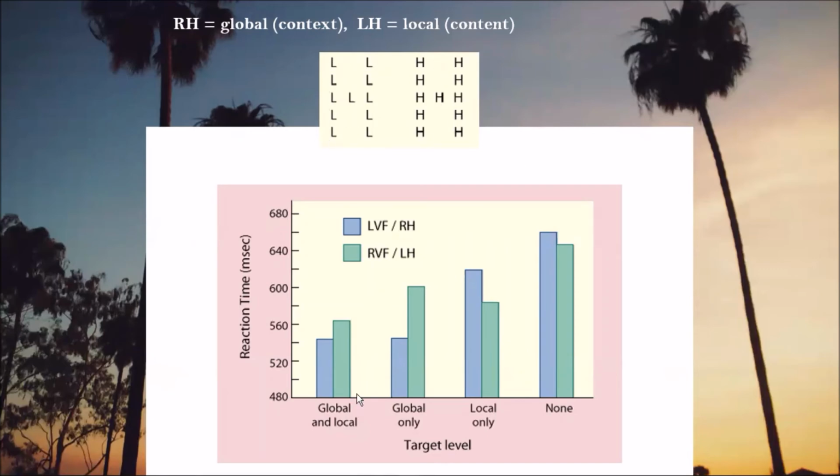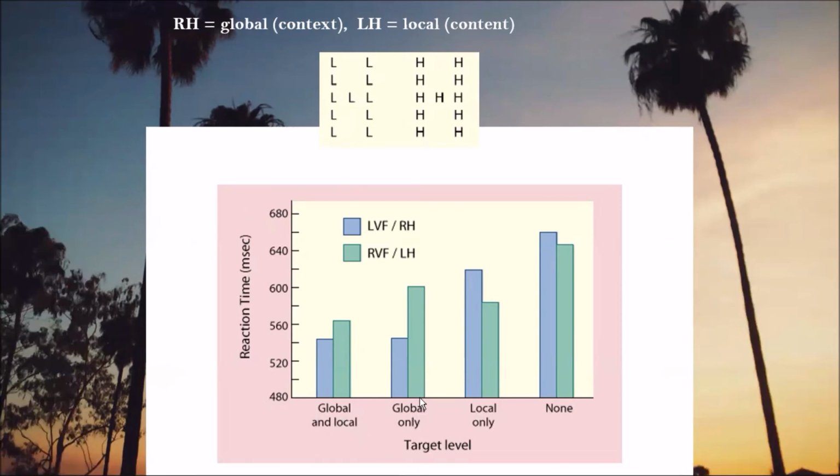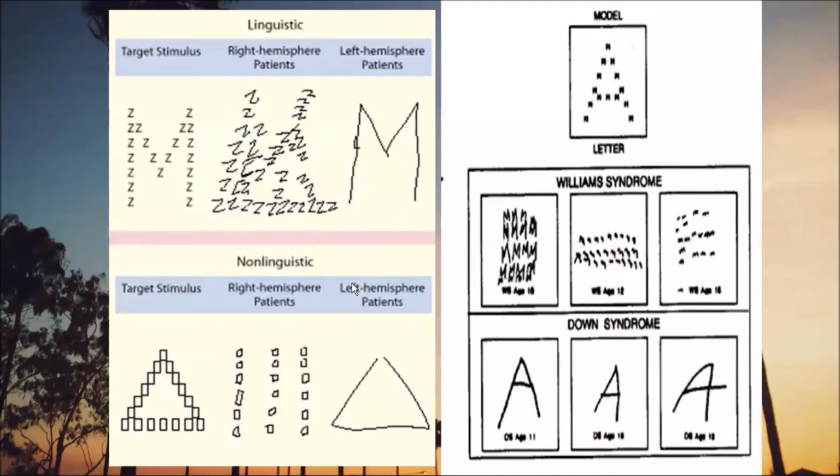You can have things where it's inconsistent here, and that's consistent. And you do see the right hemisphere is showing, and this is reaction time, so higher is worse. So when you're asking for the global, the right hemisphere is going to be faster. When you're asking for the local, the left hemisphere is going to be faster. And much easier to see that is in damaged patients.